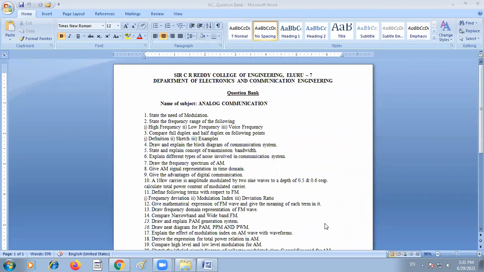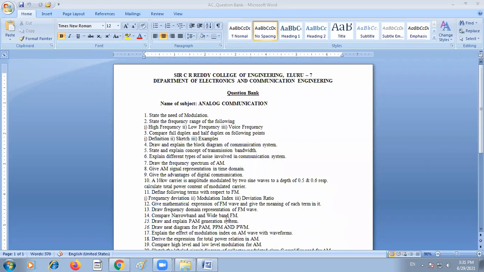The 11th one is define the following terms with respect to FM. So this is FM modulation. Up to this amplitude modulation, the first unit, you can go for the second unit. Second unit, 11th one is define the following terms with respect to FM.